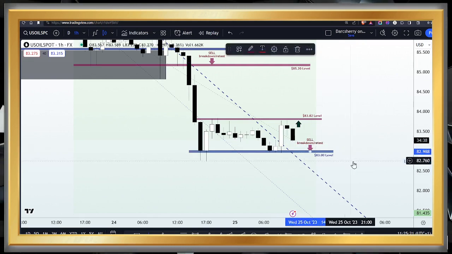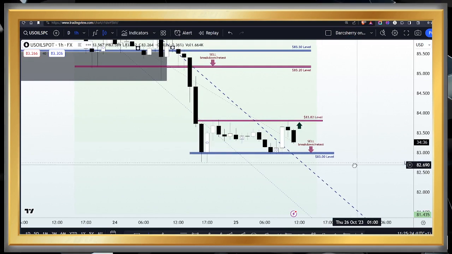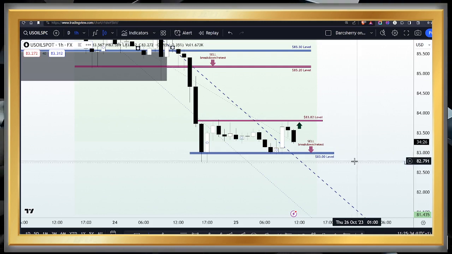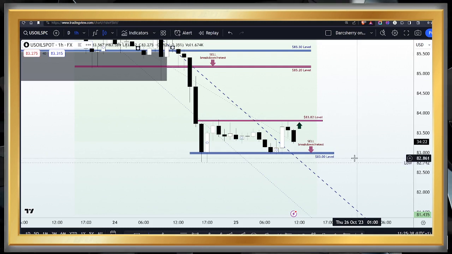Now, the first strategy is for those of us who have been profitable since the beginning of the week. That is, if you are part of this profitable journey and sold at the places we talked about earlier, definitely you will be in profit of over 400 pips right now.